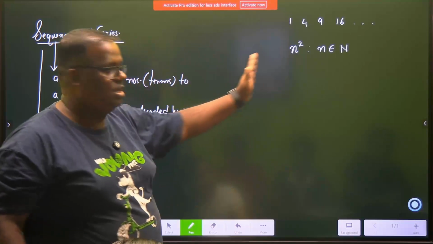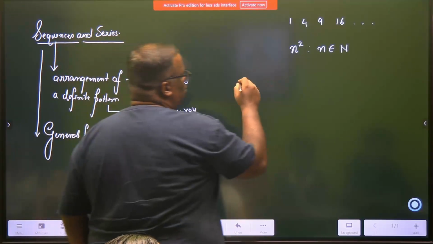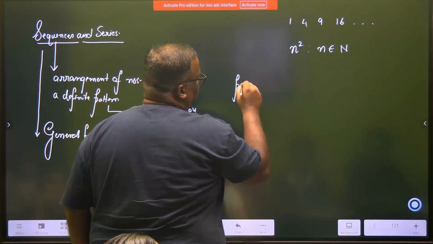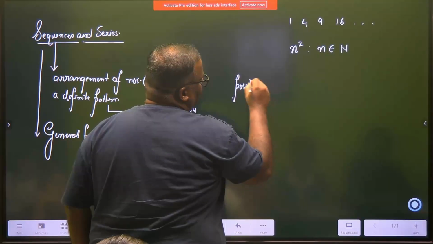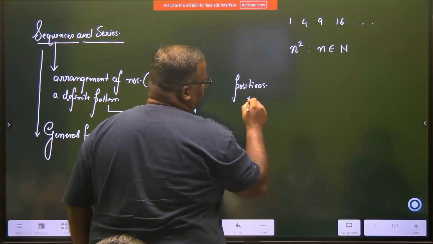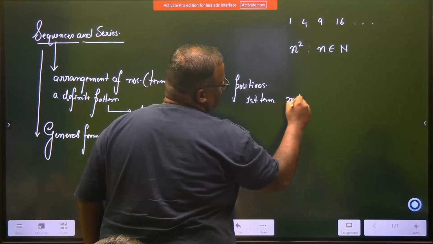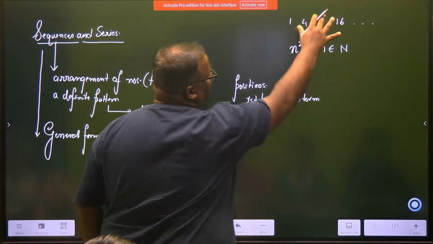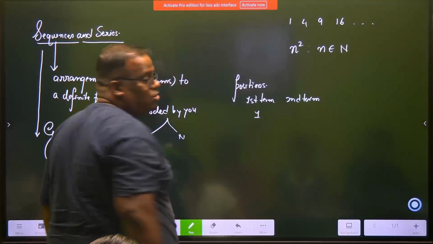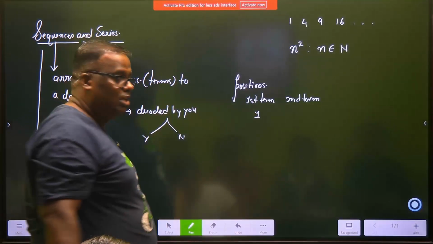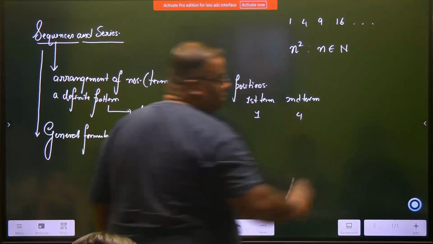In doing these sequences, we will also allocate the positions. We always allocate positions, like what is called a first term. There can be a second term. So if you see this very simple one, your first term is 1, right? Your second term is 4, right?